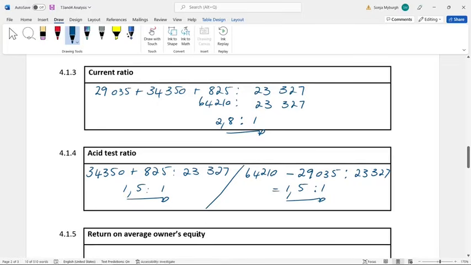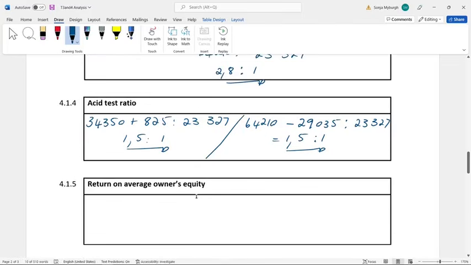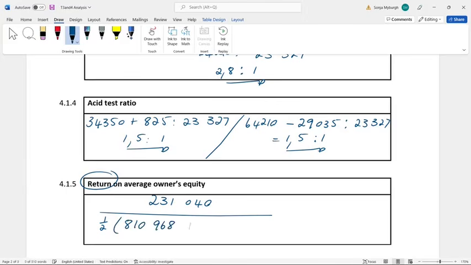The next one, the return on average owner's equity. Remember we said return is the net profit, 231040, that was given. Average owner's equity: owner's equity at the beginning, which was given, the end of the previous year, plus at the end, divided by two, is 83716.